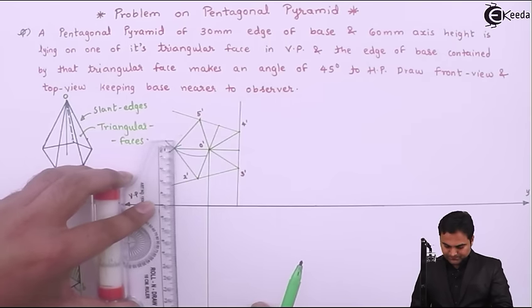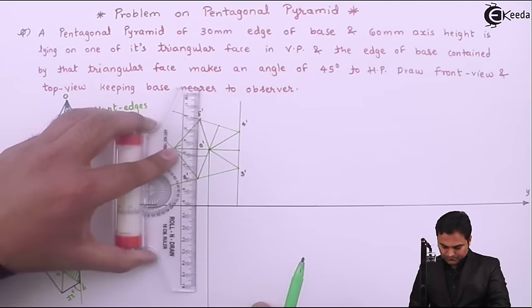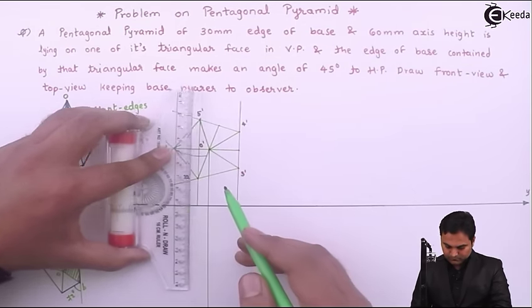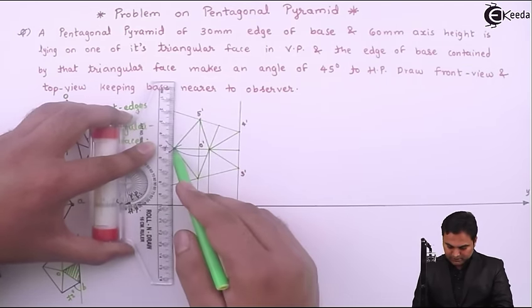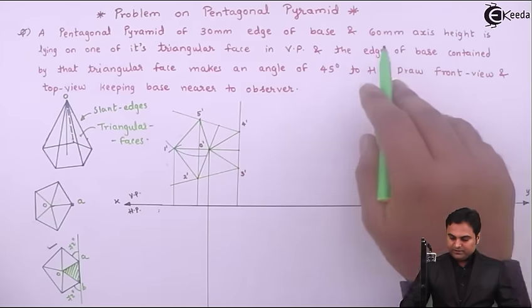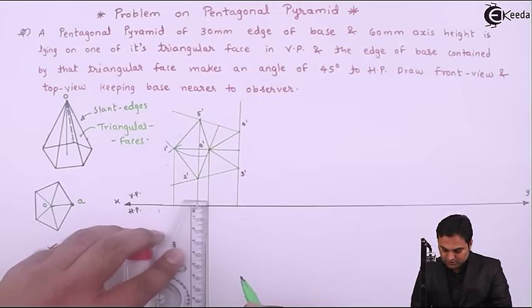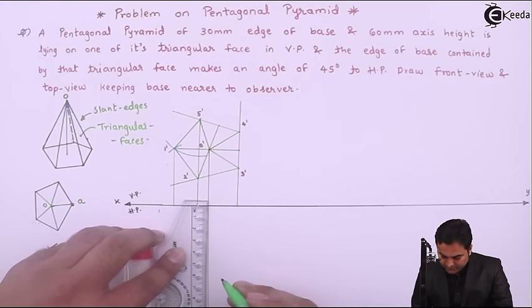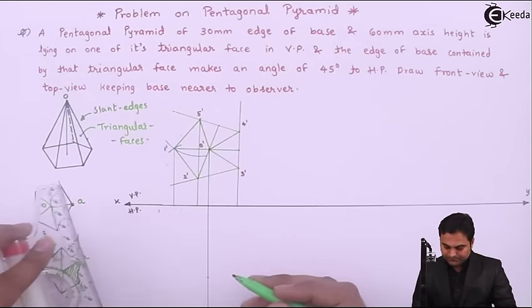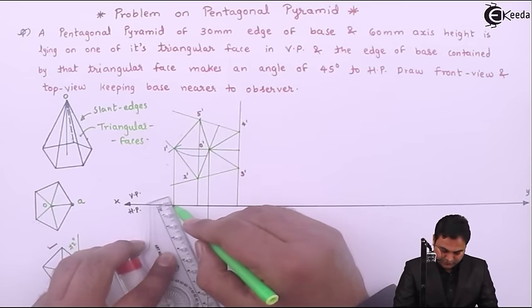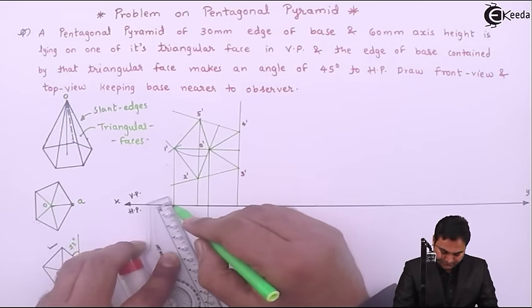Projecting the apex, points 2 and 5, point 1 dash. Now the apex is of 60 mm height given, so from this O dash on this line of the apex I'll mark 60, joining it and forming the slant edges of the pentagonal pyramid.